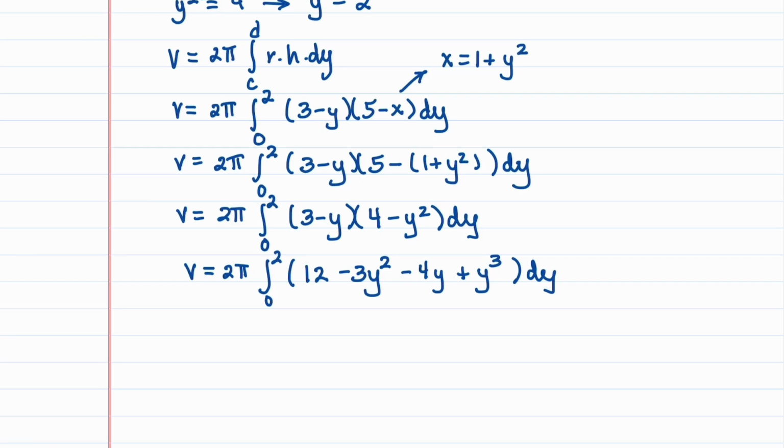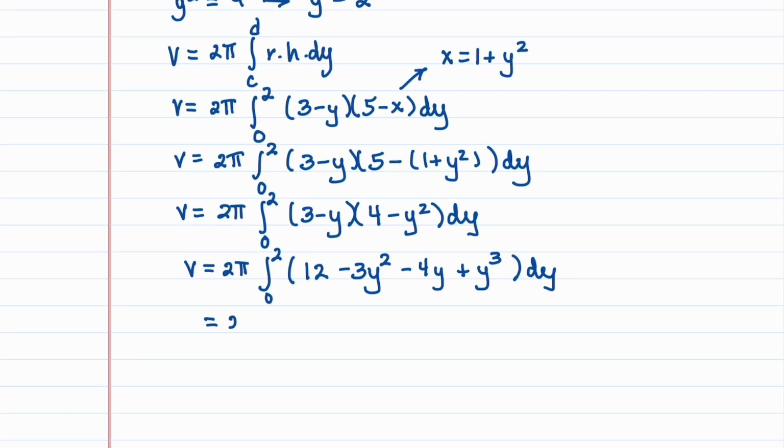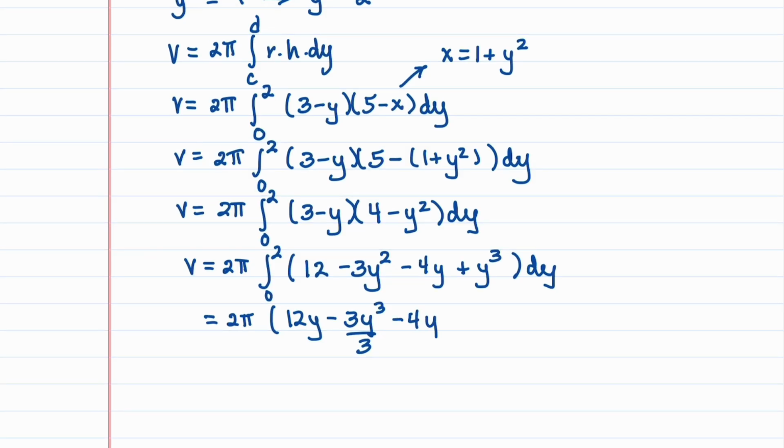So let's just go ahead and integrate. This is 2 pi. We have 12y minus 3y cubed over 3 minus 4y squared over 2 plus y to the 4th over 4. And we're evaluating this from y is 0 to y is equal to 2.